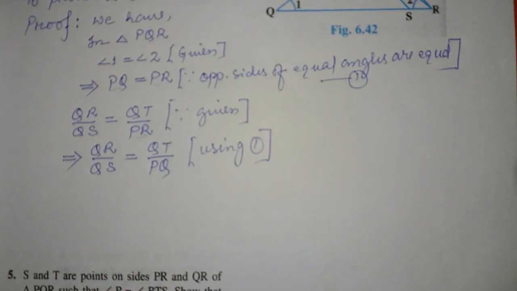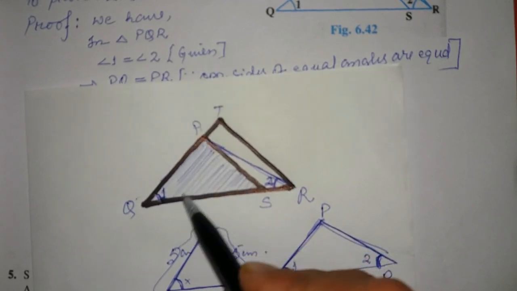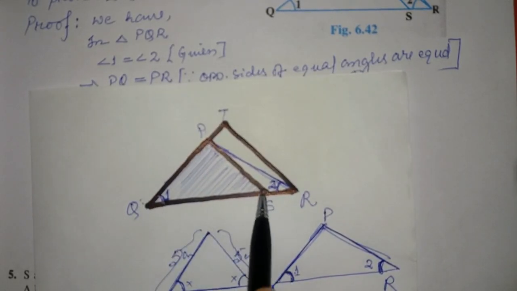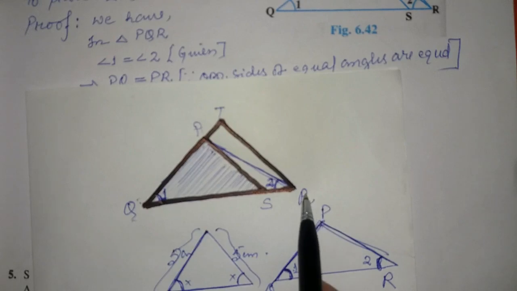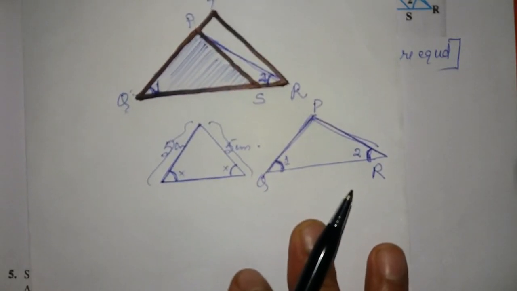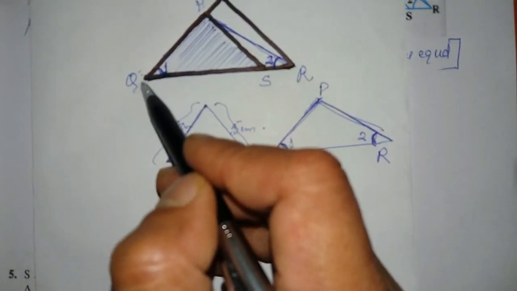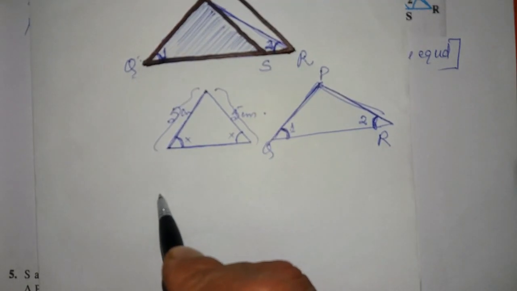in these two triangles, let's go back to these two triangles. In triangles PQS and TQR, let's see what are equal. Now I'm going to draw these two triangles separately. This smaller one, I'm going to draw it here like this.